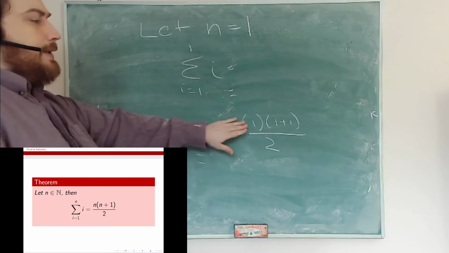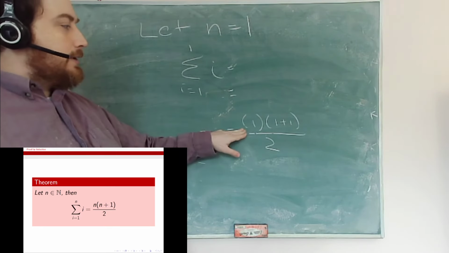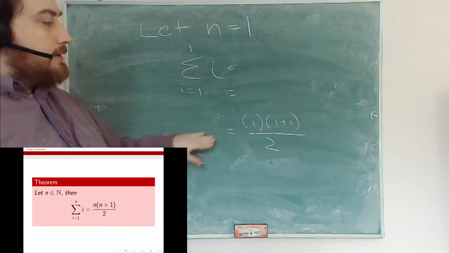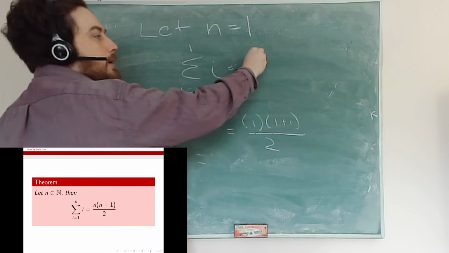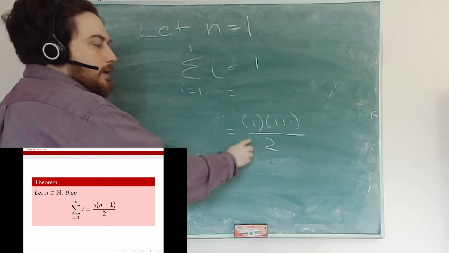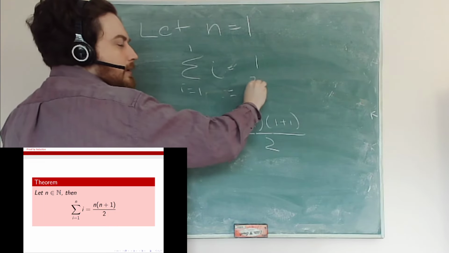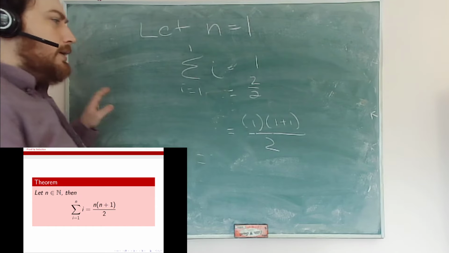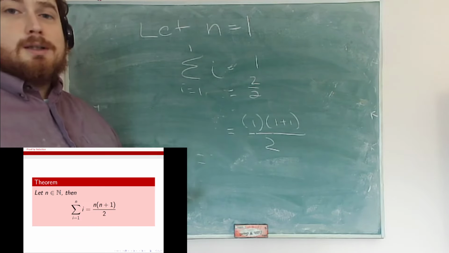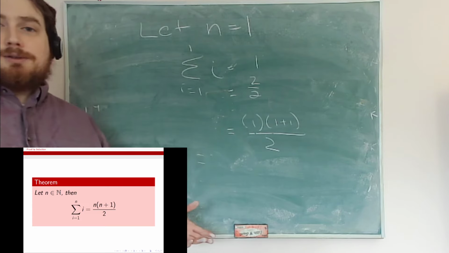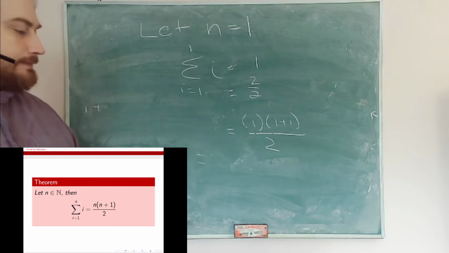My formula is n times n plus 1 over 2, and I'm just substituting in 1 for n in each case. I want to make sure that I get the same thing. If I sum from 1 to 1 of i, I plug in 1, I get 1. But 1 times 1 plus 1 is 2, over 2 is just 1. So it does work out that 1 is equal to this. So we have that the base case is true. Our sum works out for n equals 1.